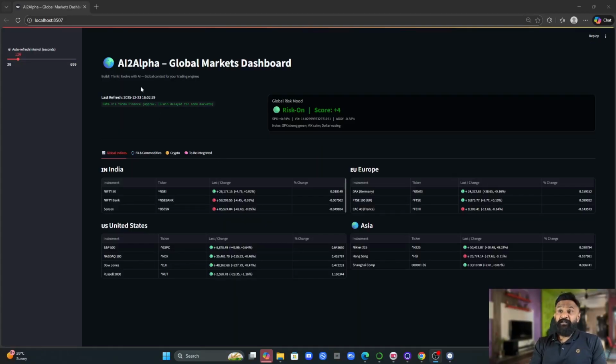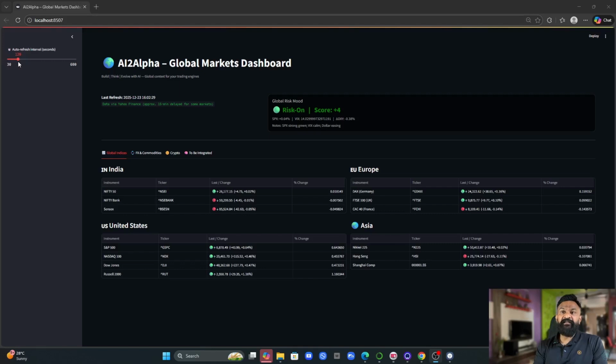The next one is the AI to Alpha Global Markets Dashboard. It's not an engine, it's a dashboard of the important indices worldwide. Like in India, Nifty 50, Nifty Bank, Sensex; US, S&P 500, Nasdaq, Dow Jones; Germany, UK, and Asian indices like Nikkei 225, Hang Seng, and so on.